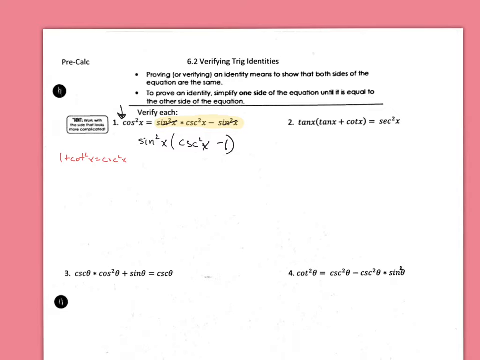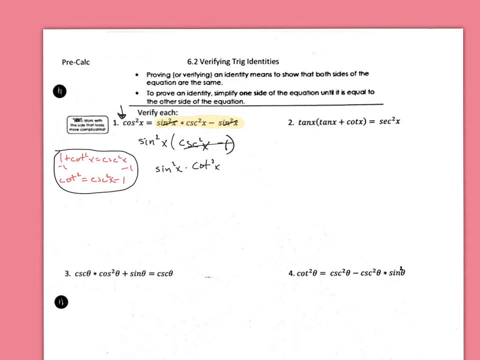So if we were to subtract 1, then we would know that cotangent squared equals cosecant squared minus 1. So we're going to take out the cosecant squared, and in its spot, we're going to put cotangent squared. Now, you don't need to write this. I just wrote it on here to show you what I was using. So this is coming out, and we're going to use some substitution and put cotangent squared in there. Sine squared is still on the outside.